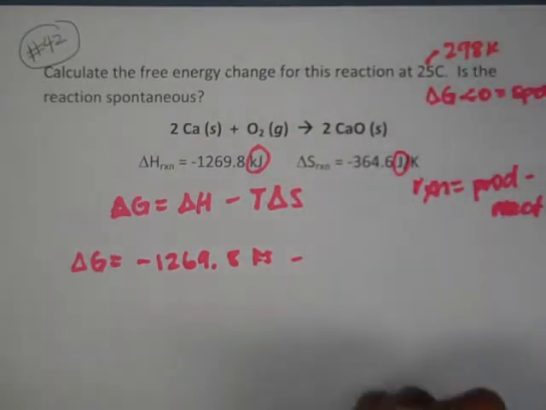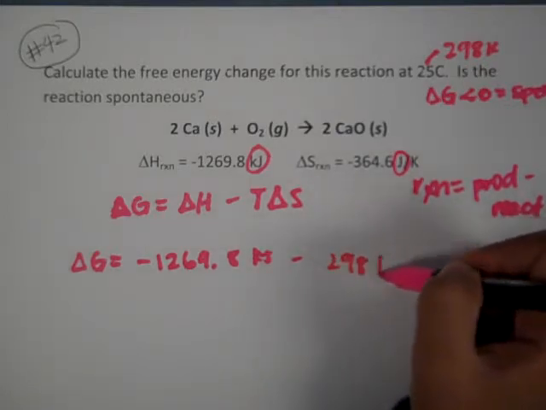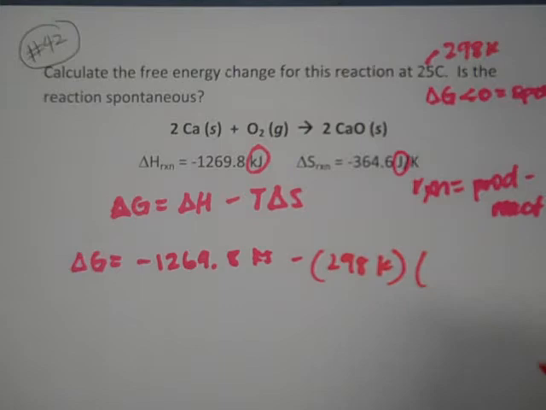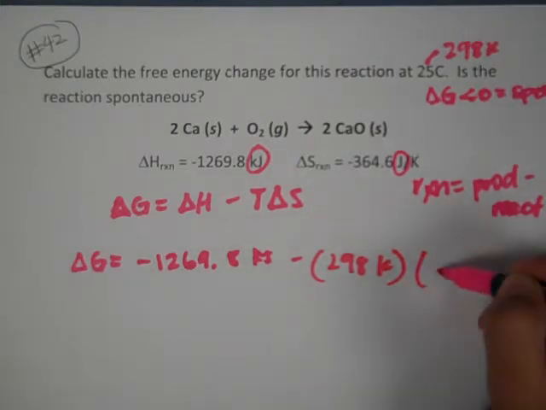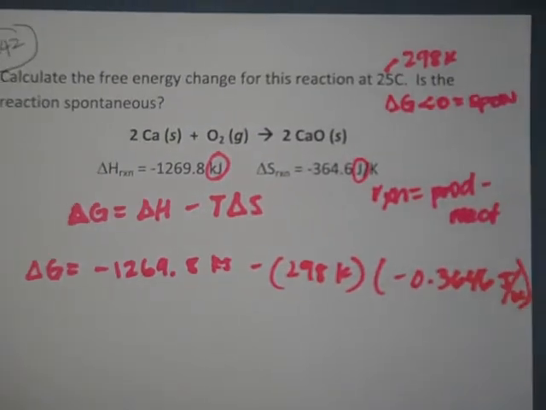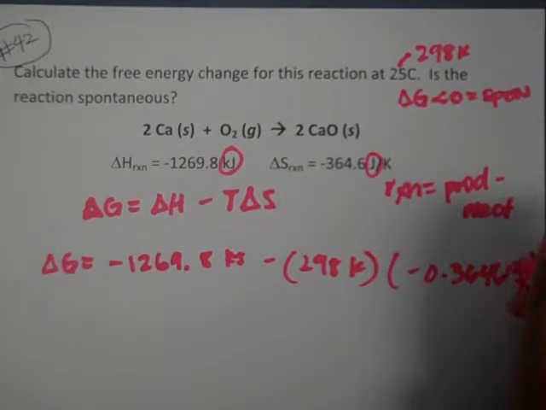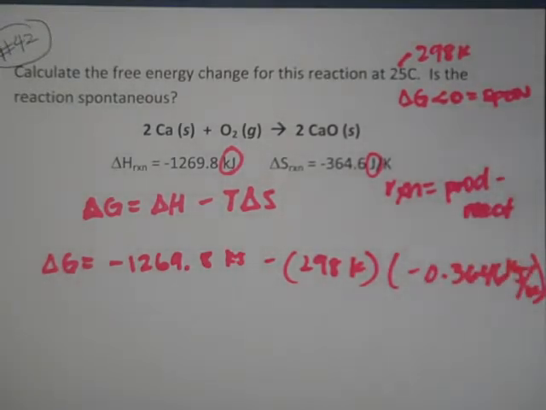Alright, so we have that going on, and then we have T, 298 Kelvin, times a negative 0.3646 kilojoules per Kelvin. Remember, kilojoules now. Okay, so we have a minus sign in the middle and a minus sign here, so we're really adding.